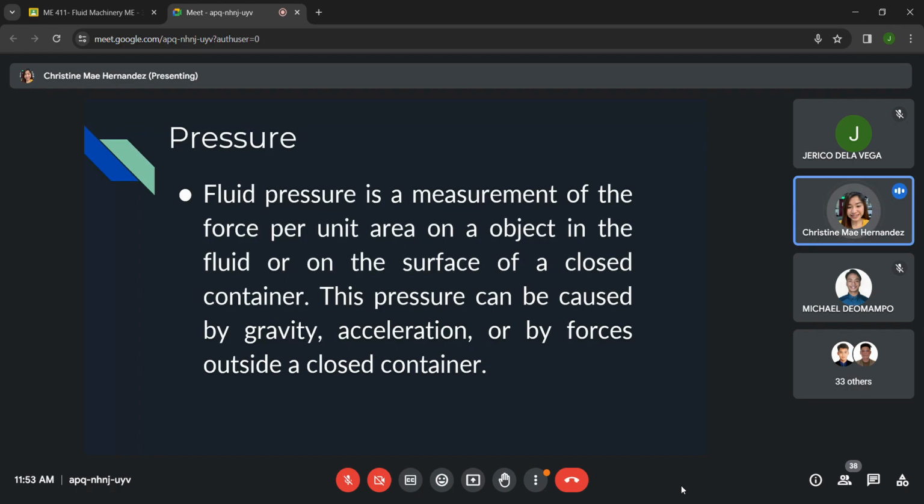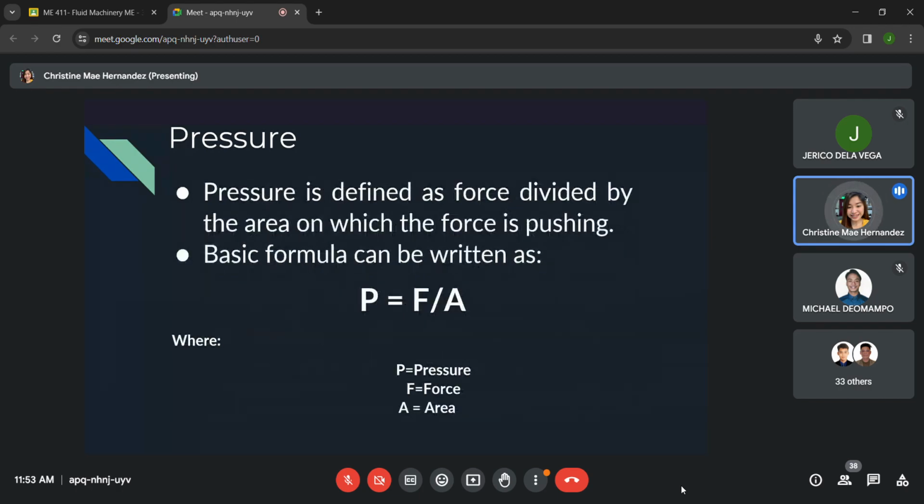Fluid pressure can also be amplified through hydraulic mechanisms and changes in the velocity of the fluid. Pressure is defined as force divided by the area on which the force is pushing. The basic formula can be written as pressure is equal to force over area.